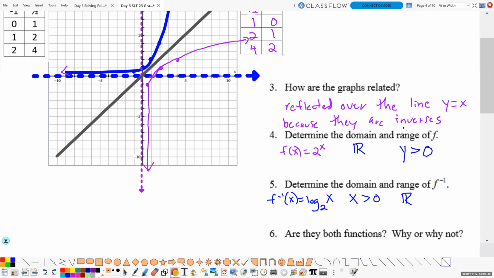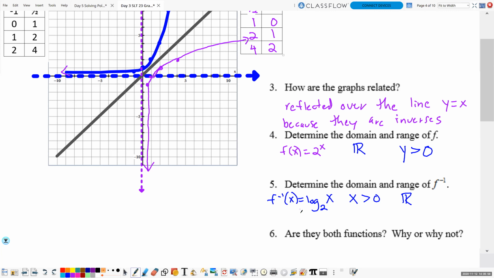Nope. Margot, what do you got? I actually don't know for sure, but I'm just gonna take a swing at it. I think they're functions because each number is individual. You can't have a repeating 0, 1, it's not like a parabola where it's just like a loop.